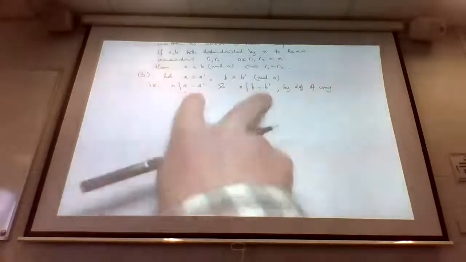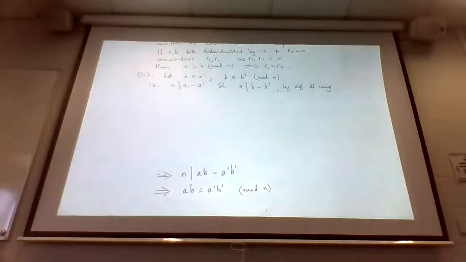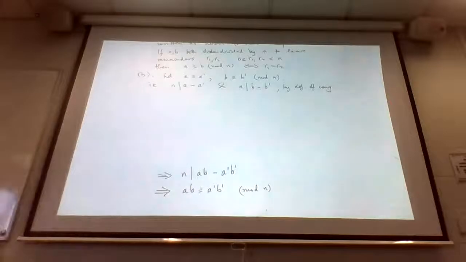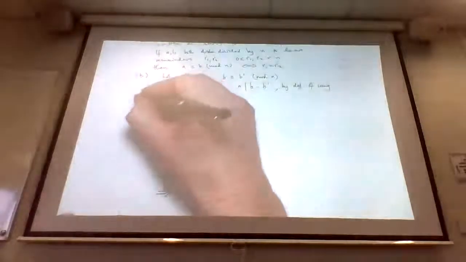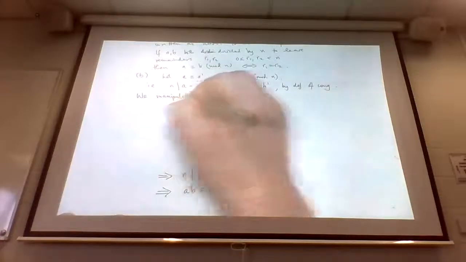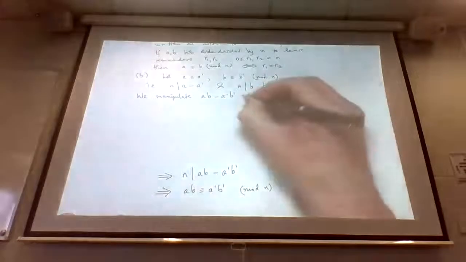So these are our inputs, these are what we like to use, and we want to conclude this. And along the way as well, we can use any properties of divisibility, as long as we carefully state what properties we're using. So you have to find n as a factor of those two. So let's say we manipulate the difference ab minus a prime b prime as follows.